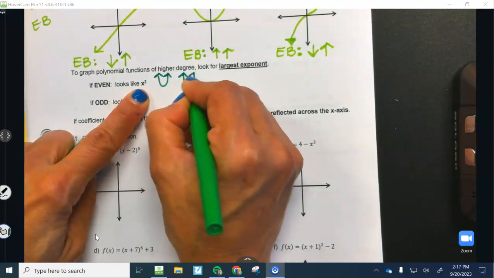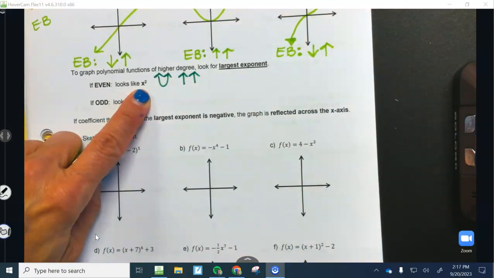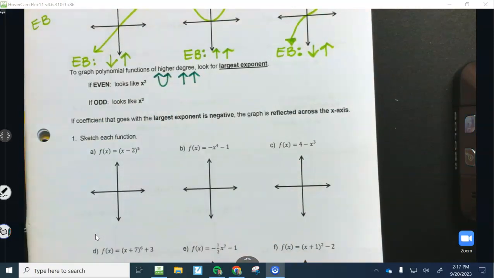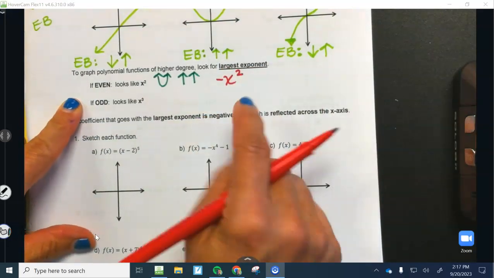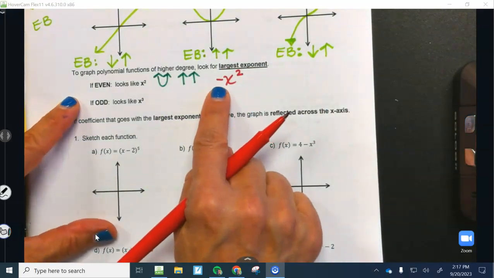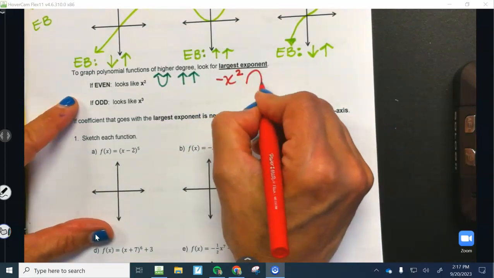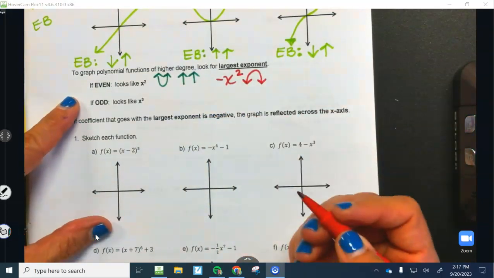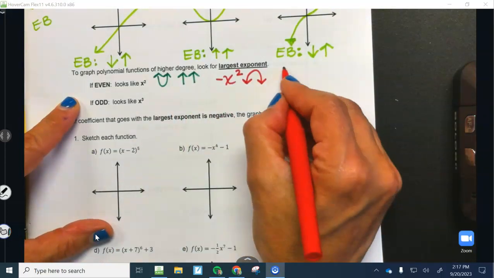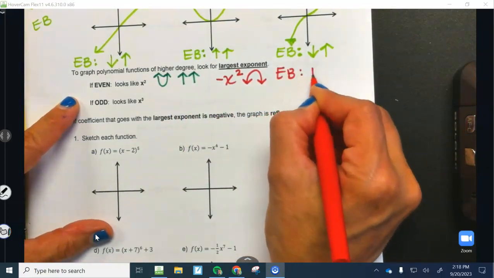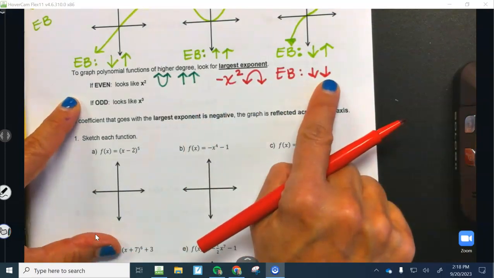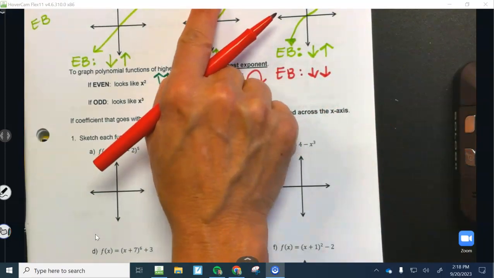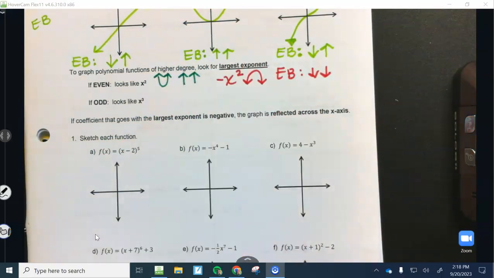Has an end behavior of up, up, unless you have a leading coefficient that's negative. If you have a leading coefficient that's negative, you guys know a parabola opens down when there's a negative in front. So what is the EB going to be? Down, down. Negative leading coefficient, always down on the right. Positive leading coefficient, always up on the right.